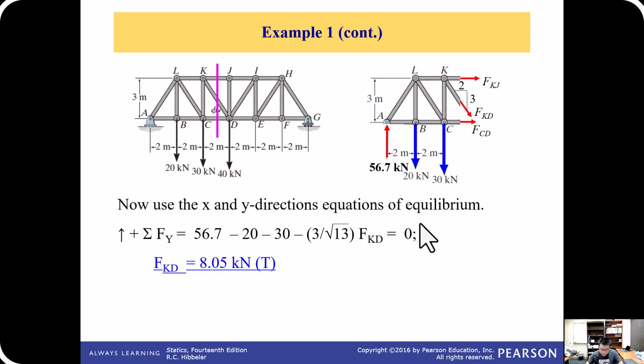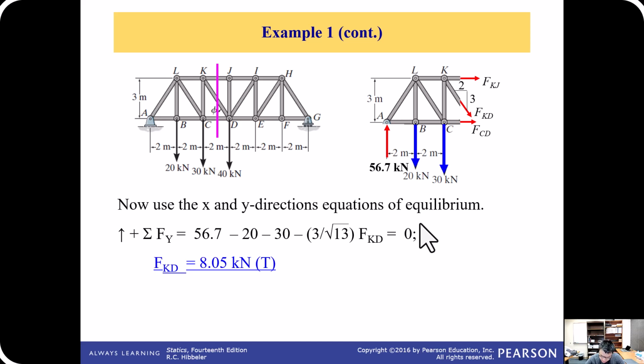The sum of Fy equals 56.7 minus 20 minus 30, our assumed positive direction is upward, and also minus 3 over 13 times FKD equals 0. Then we can use a calculator. We solve FKD equals 8.05, and it is a tension.